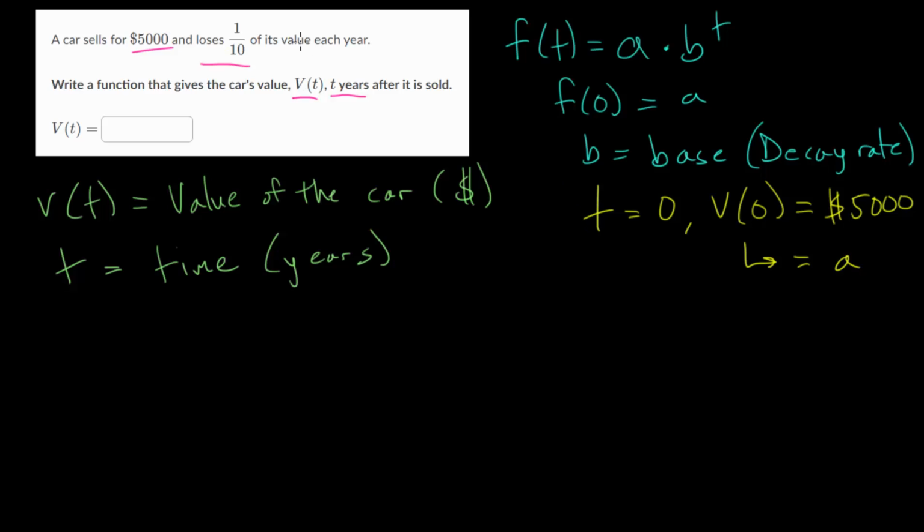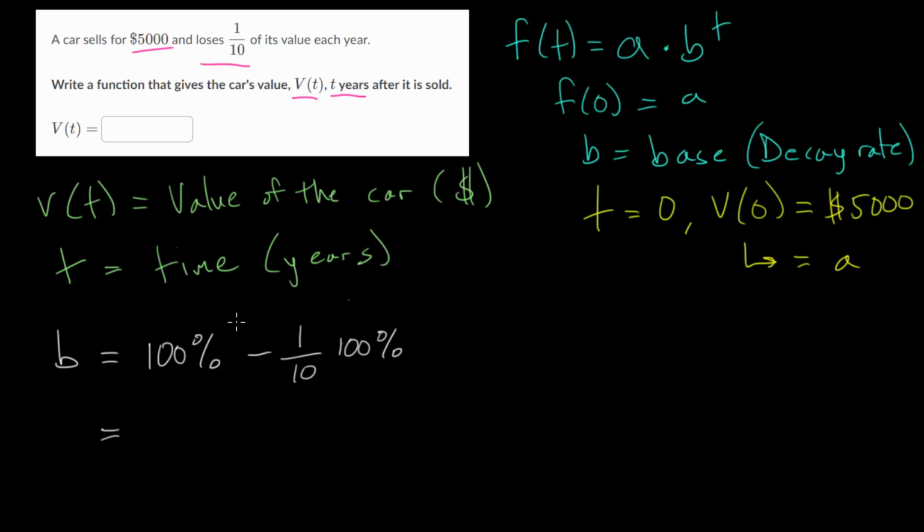So to do that, we need to be a little bit careful, since we're starting with the current amount, or the original amount of the car, and then subtracting 1/10 of that value. So let's rewrite this. We have that our base, our decay rate, is equal to the current value of the car, which you could write as 100% or just 1, and then we're subtracting 1/10 of that value each year. So in other words, we're subtracting 1/10 of the value of the car, of that 100%.